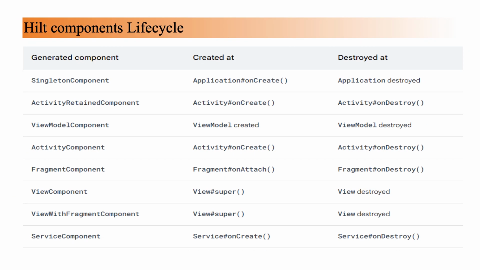And for more information about Hilt components lifecycle, check this table. Singleton component is created at application onCreate and destroyed at application destroyed. And also, for example, activity component is created at activity onCreate and destroyed at activity onDestroy.